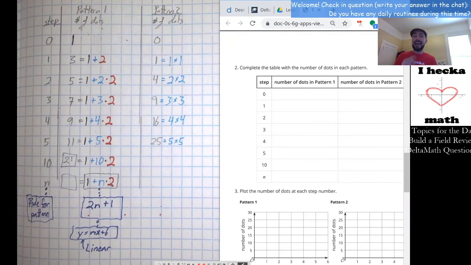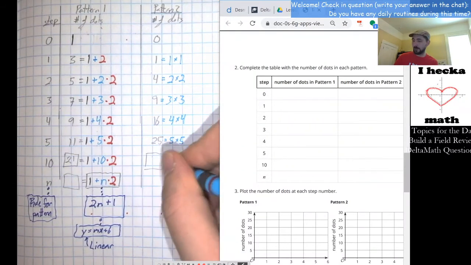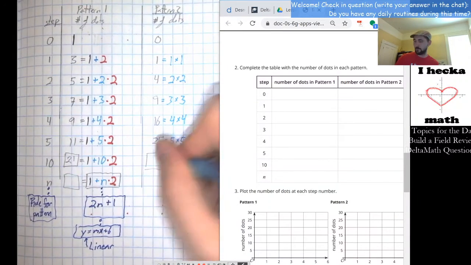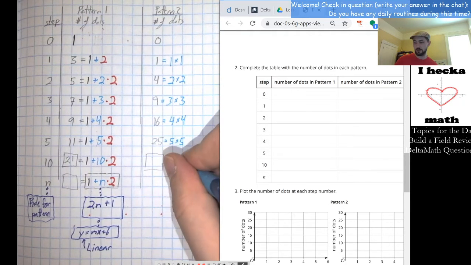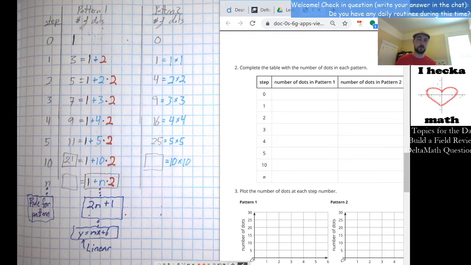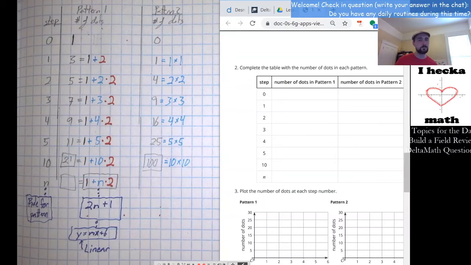So in step 10, we don't know what number we're going to get here. But what are we going to multiply together? Well, this should be 10 times 10, which is 100. So what's the rule?